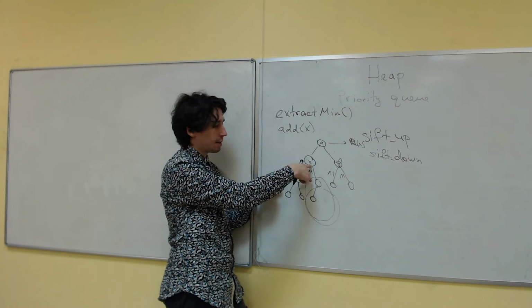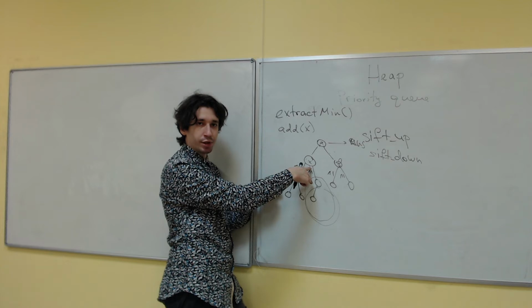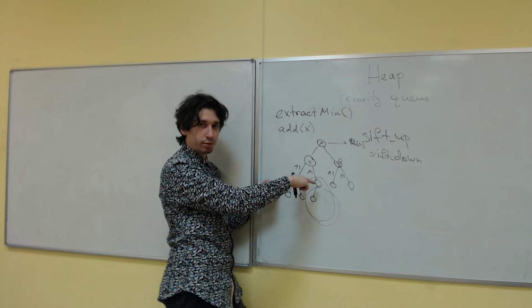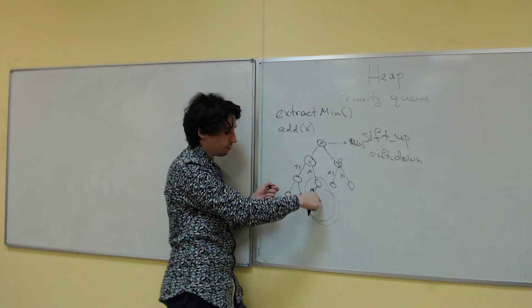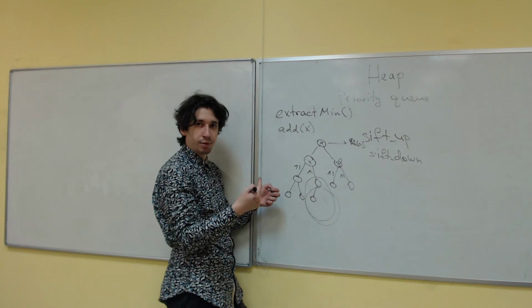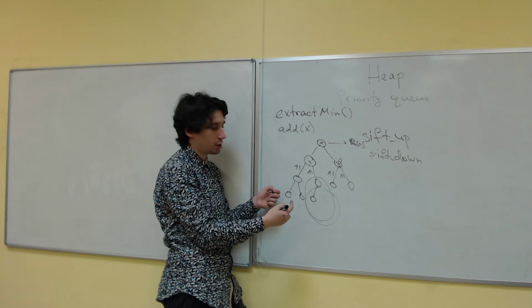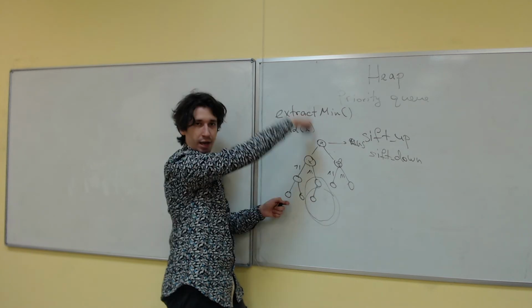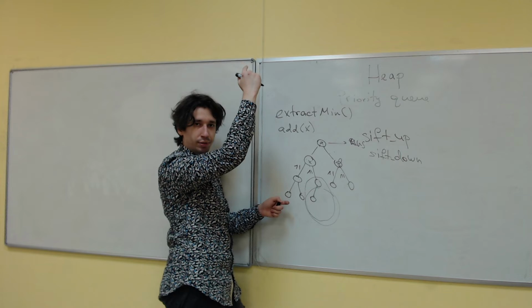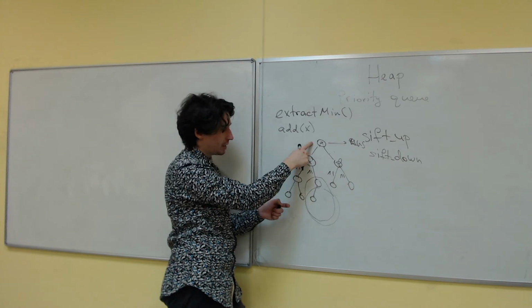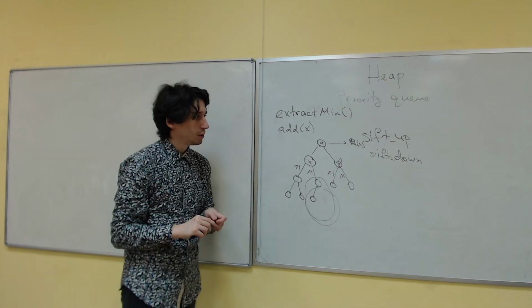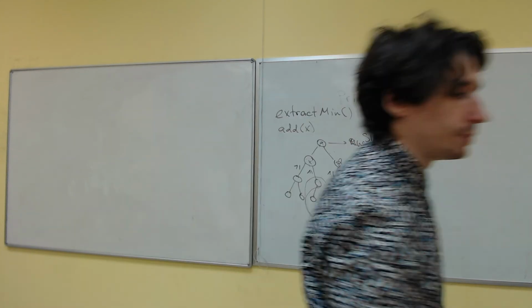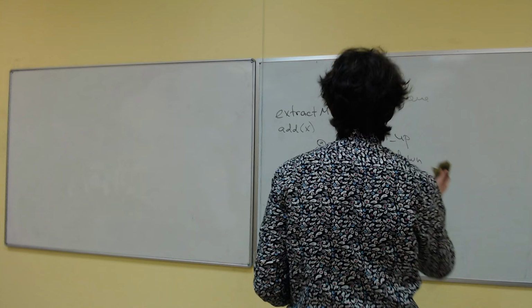Then you just compare it with the children and swap it there, just moving down, down, down. That's why it's named sift up and sift down, because in sift up you just add an element and throw it up, while here you put an element at the top and go down.